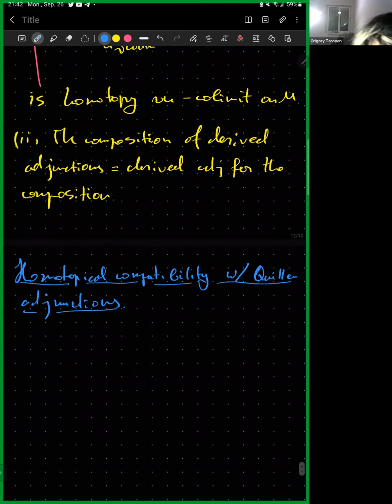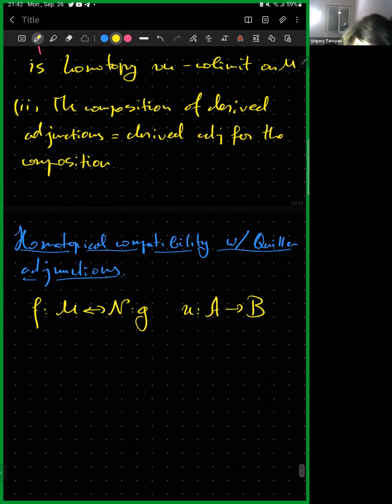Okay, so let's assume that we have equivalent adjunction between two model categories. And we also have a functor between small categories. So this is equivalent adjunction.